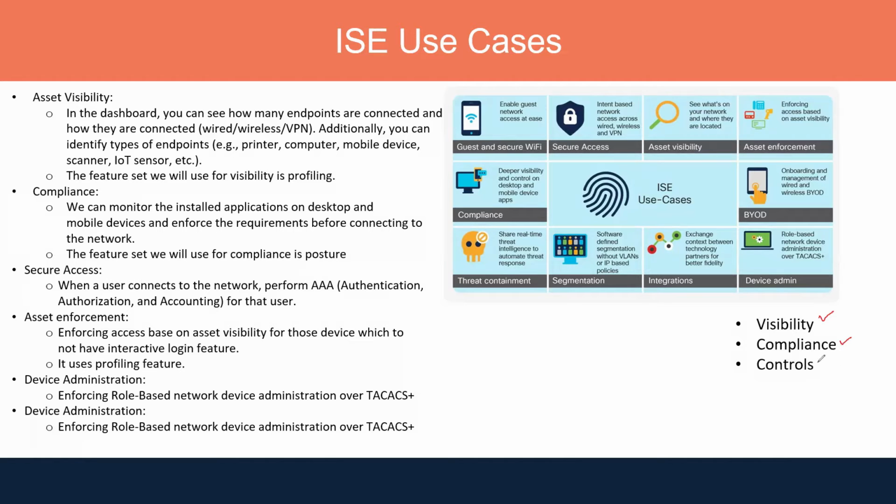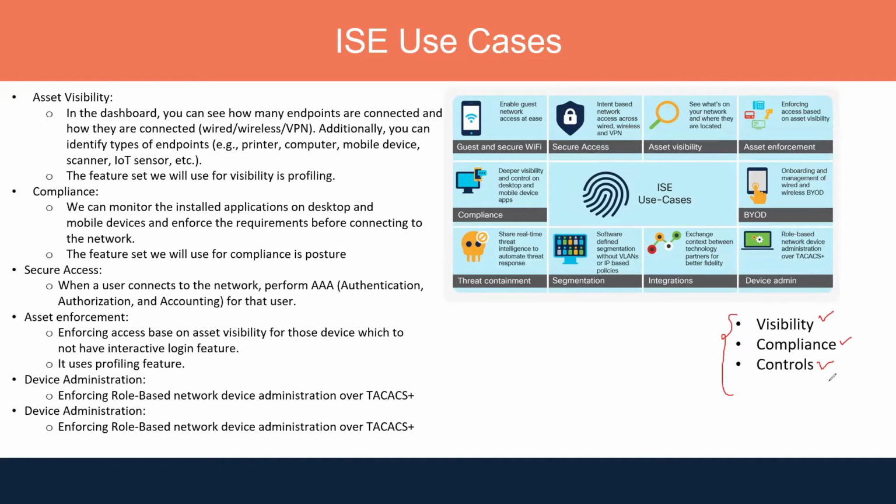And number three purpose is control. Only for fulfilling these three purposes, we use Cisco ISE, right? We will talk about what visibility is and how it works. But for now, just understand that ISE could fulfill these three purposes only.